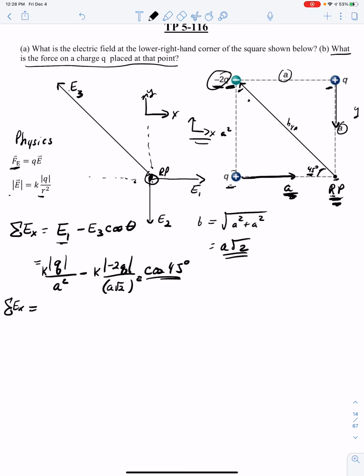You simplify it. I was going to not do it, but I guess I'll do it. KQ over A squared, parenthesis, I just took everything off. Cosine of 45 is square root of 2 over 2.